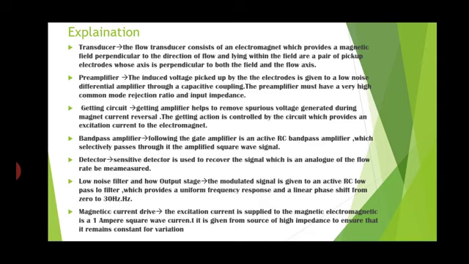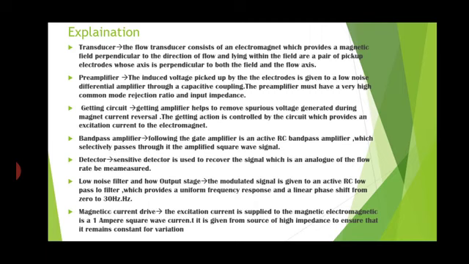Following the gate amplifier is an active RC band pass amplifier, which selectively passes the amplified square wave signals. Detector. A sensitive detector is used to recover the signal which is analog of the flow rate being measured.